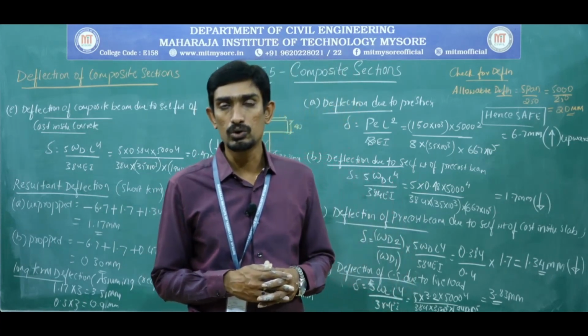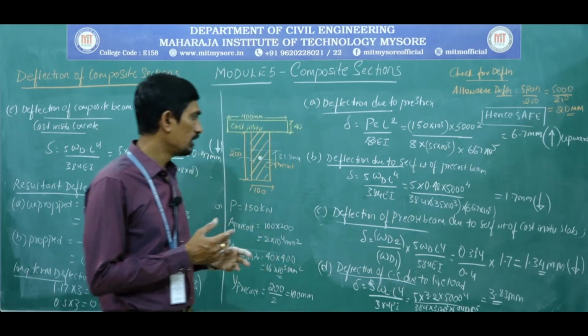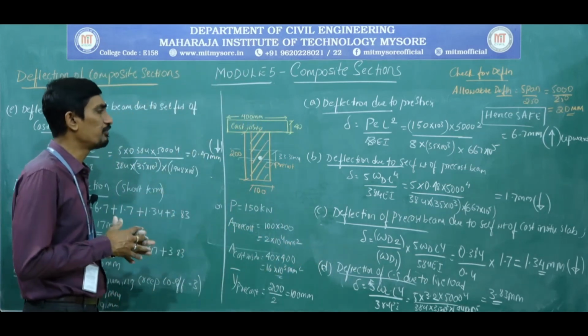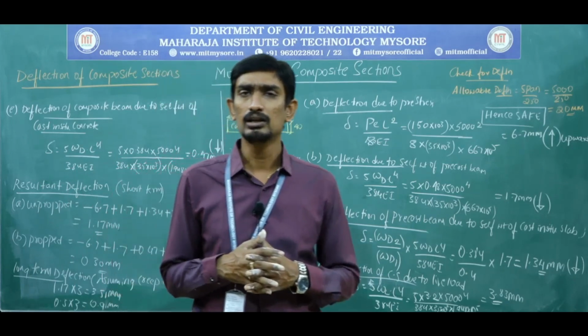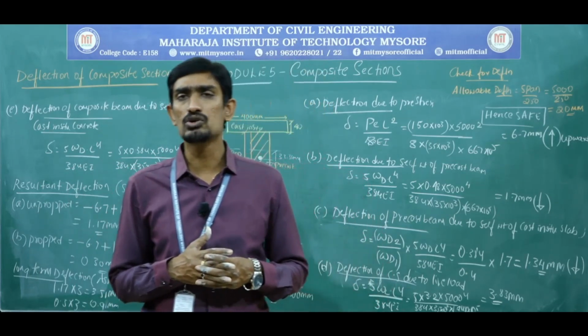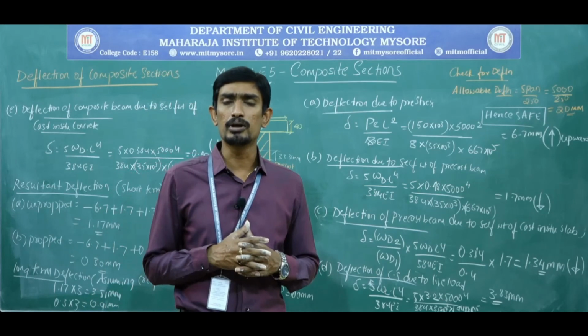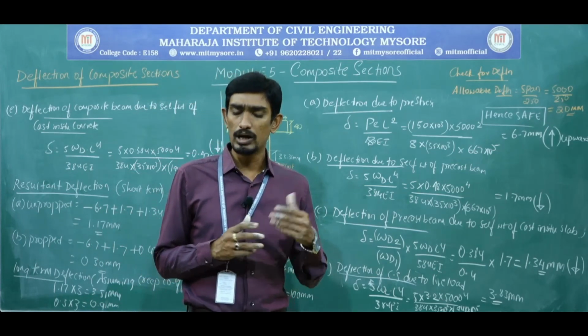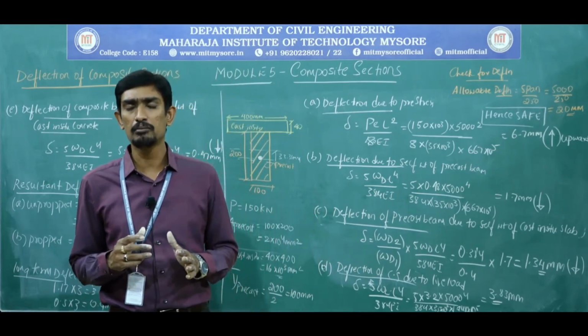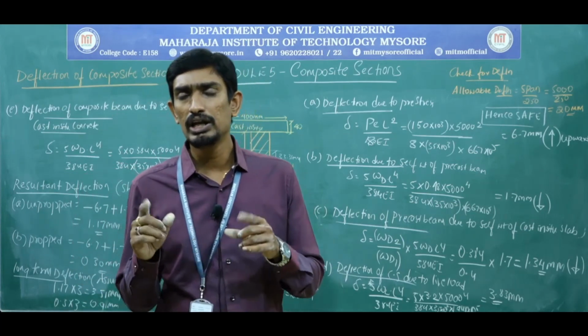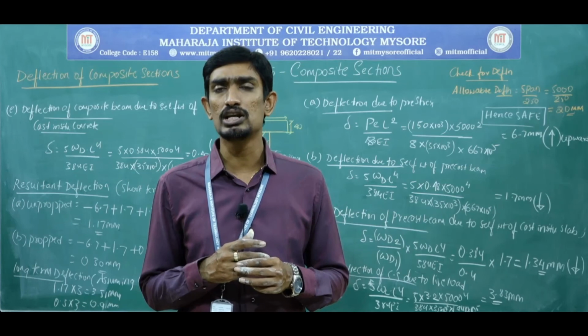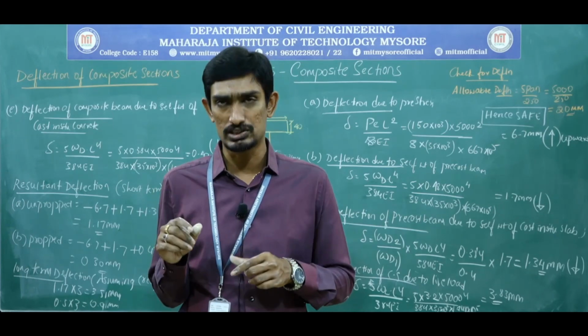Hope you have understood. If I want to explain the same problem for a different modular ratio, the changes are as follows. Y precast will remain the same. For Y composite, as I stated, you need to multiply by the modular ratio, that is 1.25, for the precast.